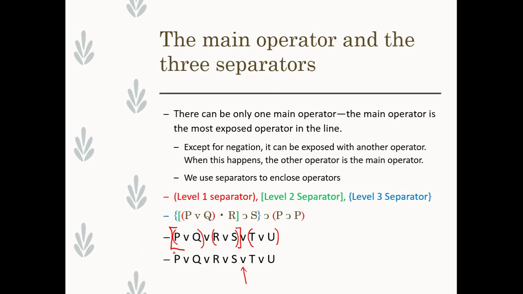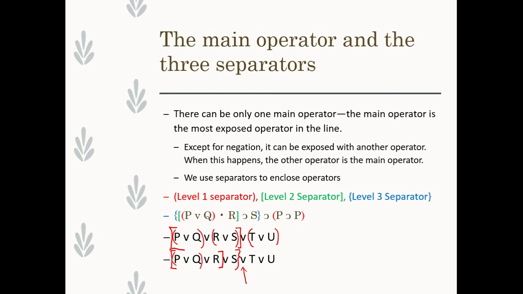We're going to separate out the P wedge Q, but this time, instead of separating out the R wedge S, we're going to separate out the P wedge Q with the R. Because we've already enclosed the P wedge Q, we have to move to a second layer separator, or a level 2 separator. So we're going to square bracket that. And now let's go ahead and do that square bracket with this letter S. We're going to have to move to a set brace.